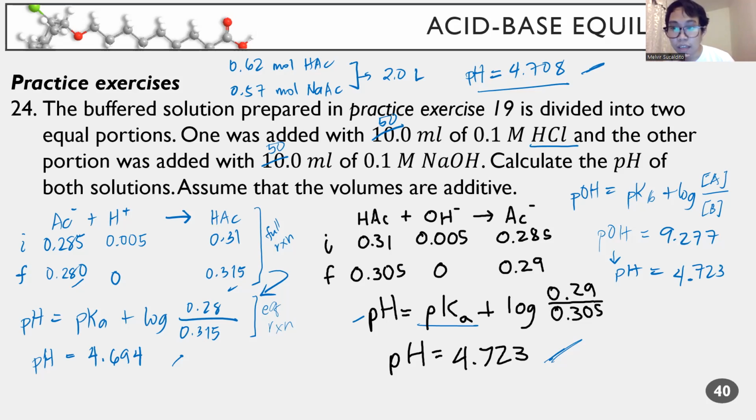Opo. In water, I don't think very common makaka-experience tayo nung ganun. Most of the metals are positively charged in their ionic forms. Pero in some other forms, kung hindi aqueous mixture, for complexes, for example, there are also some metals na nag-exhibit ng negative charge. Pero that's a different case.